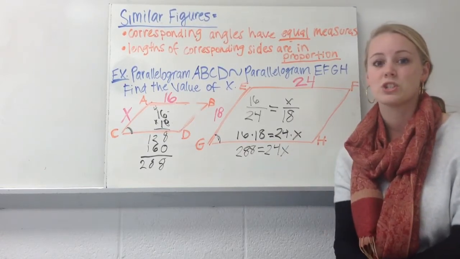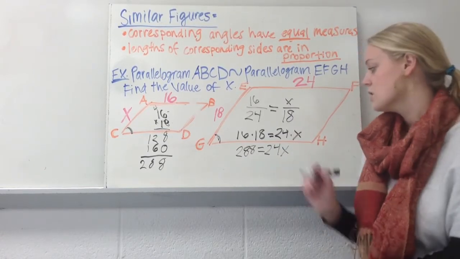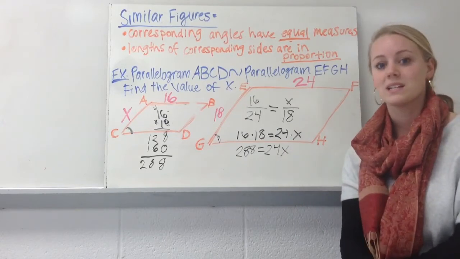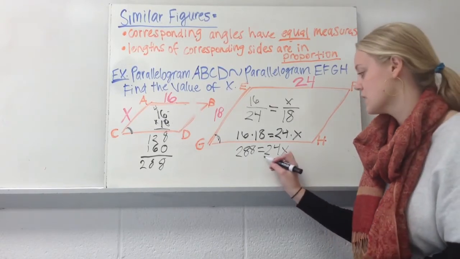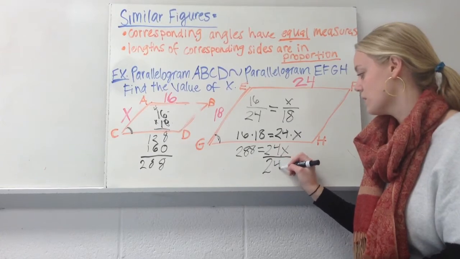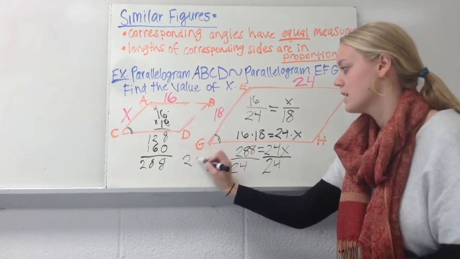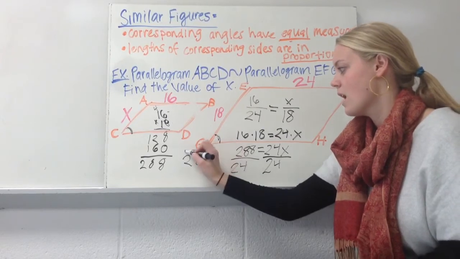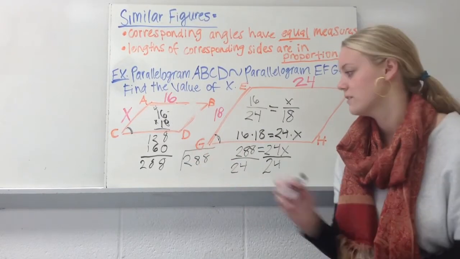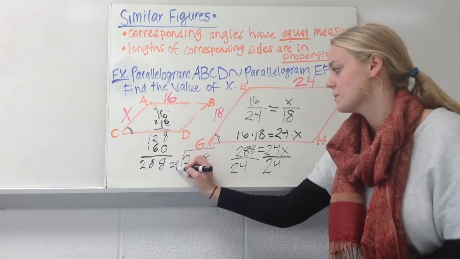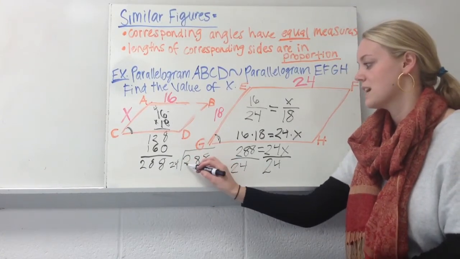We've seen problems just like this in the past. So we have to get x by itself because we're solving for x. So we're going to divide by 24. I'm going to go ahead and set up a division problem. How many times does 24 go into 28?